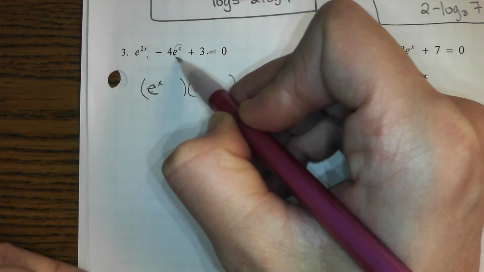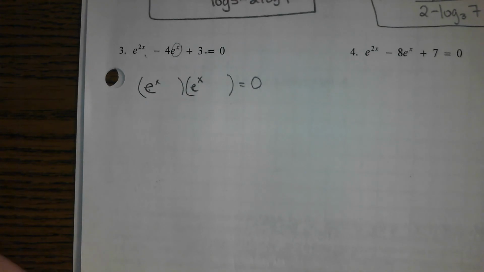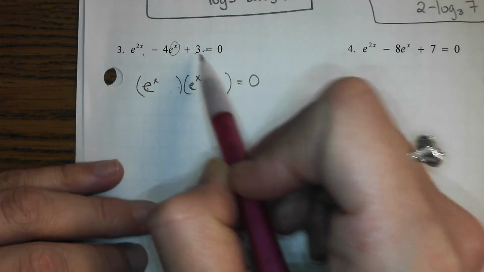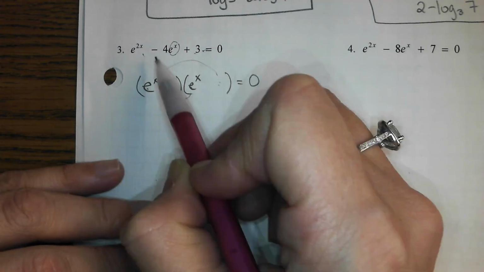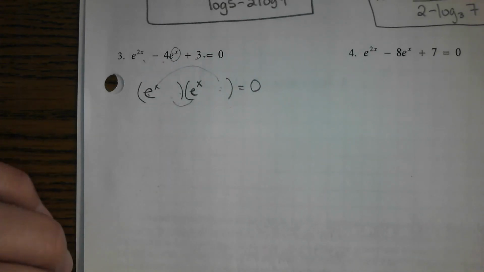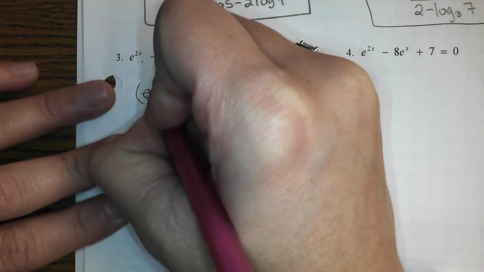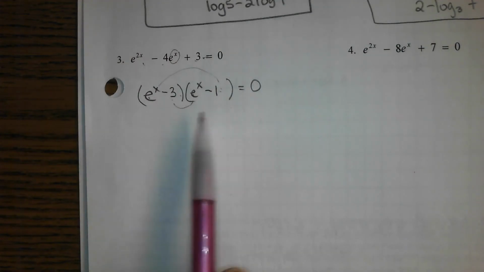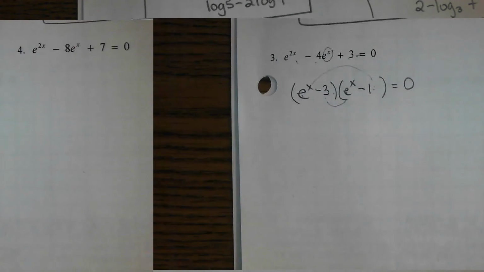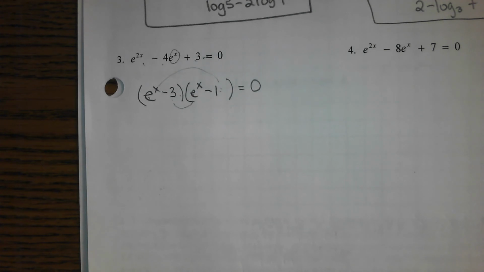Really, it's going to be whatever that middle term is, FYI. And then you need two numbers to multiply to get positive 3, but such that the outer and the inner combo would make negative 4. What are they? Minus 3, minus 1. So the double negative makes positive 3, and then minus 1 e to the x, minus 3 e to the x makes minus 4 e to the x. Then you tee it up.